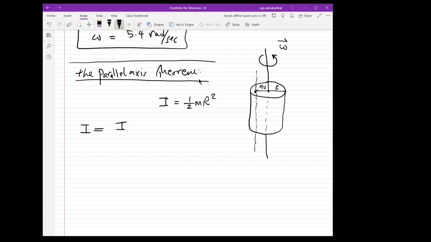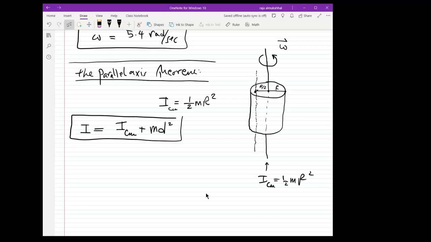The moment of inertia about the center of mass, which is basically that, this I here, the moment of inertia about the center of mass, 1/2 mr squared, plus md squared. That's the formula. I would urge you to memorize it. M here is the mass of the cylinder, just like the mass here. And d, how far is it from the center of mass, which is r/2.